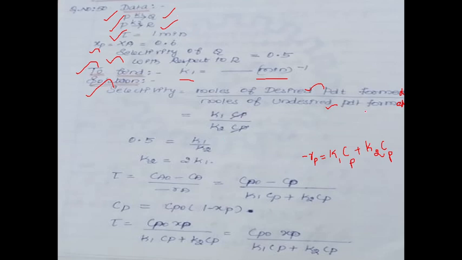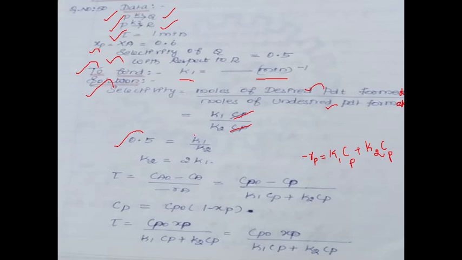Moles of undesired product formed from reaction 2, K2 into Cp. So K1 Cp divided by K2 Cp. The common factor Cp cancels. Finally we get K1 by K2. Selectivity is given, we should take 0.5. So 0.5 is equal to K1 by K2.